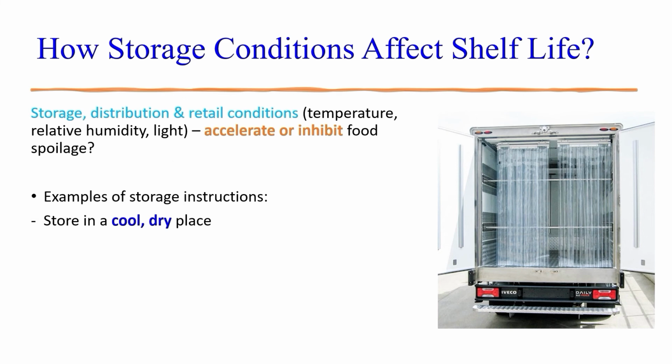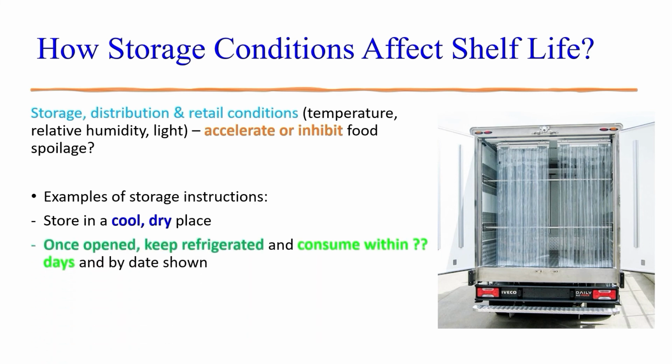Normally we can see in the food product labeling that it recommends the consumer to store the product in a cool and dry place. And then some of the products will say once opened, keep it refrigerated and consumed within how many days, by the date shown. And for the frozen products, we need to keep it frozen at negative 18 degrees Celsius.